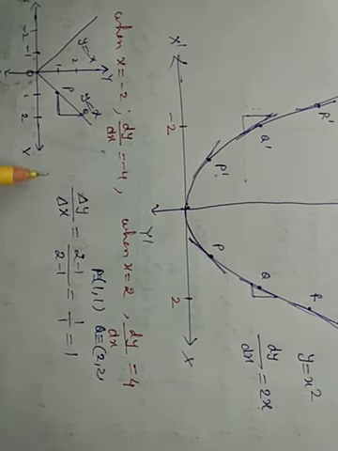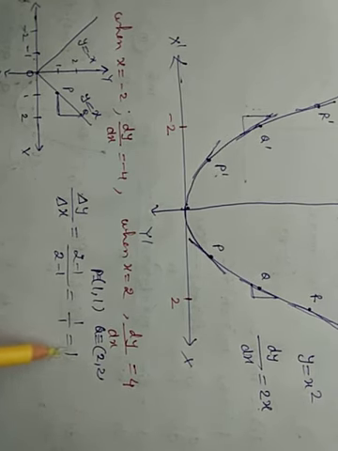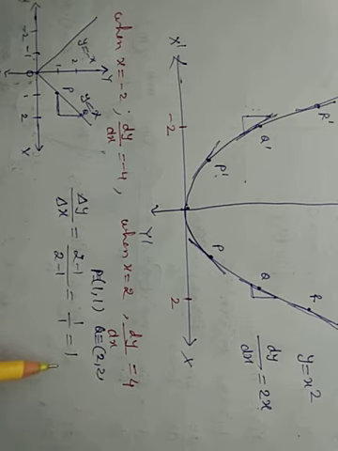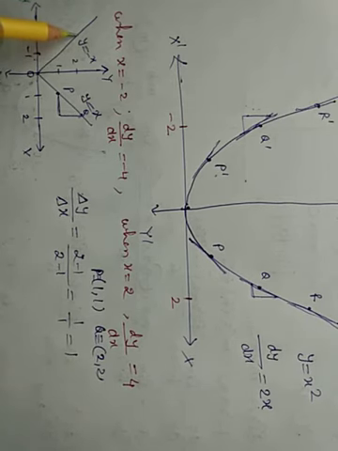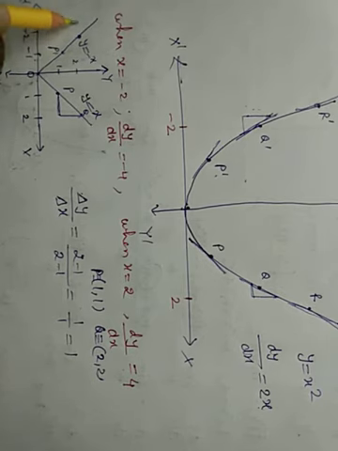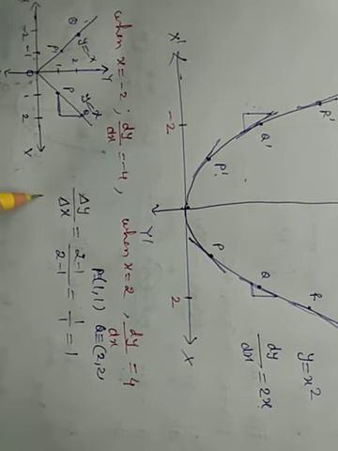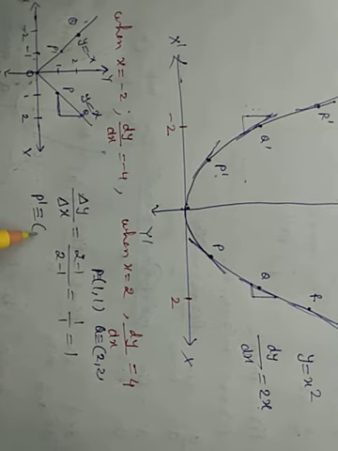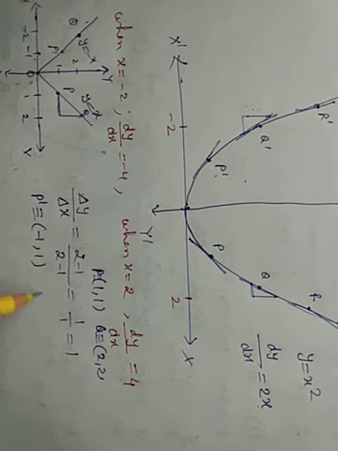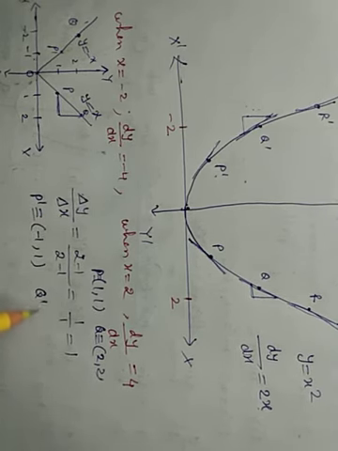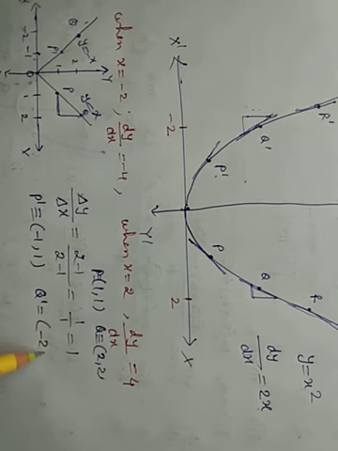And when you apply delta x tends to 0, then also you are going to get the same answer because it is constant only. Let us check in this case. Suppose I am taking this one as P dash and this one as Q dash. The coordinate of point P dash is going to be minus 1, 1 and the coordinate of point Q dash is going to be minus 2, 2.